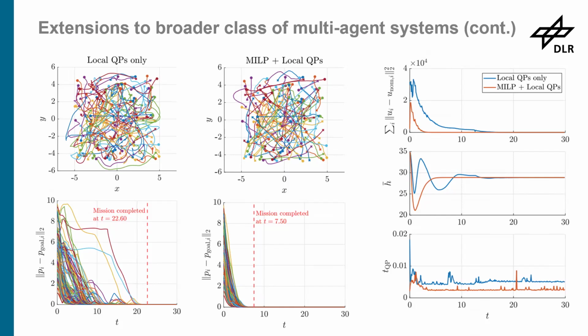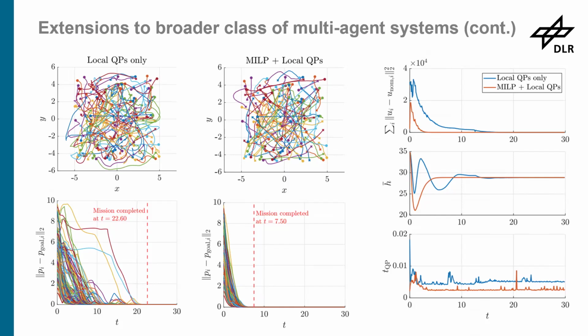But in our case, with respect to the mission, we would like to achieve a low mean barrier value above 0, because this means we have a good balance, or compromise, between performance and safety, right? Here you see it in red. This is the MLP and local QP solution, and in blue you have just the local ones.